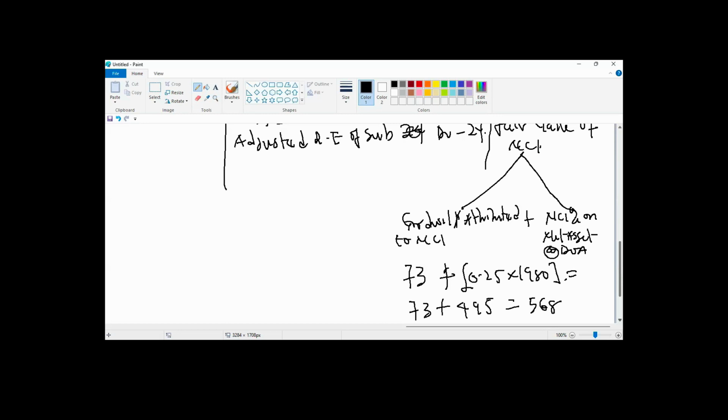This we have established long ago. So NCI at fair value is 73 plus 495 to get 568. The 568 I will now add to the cost of investment, because this is the fair value of NCI as at the date of acquisition.